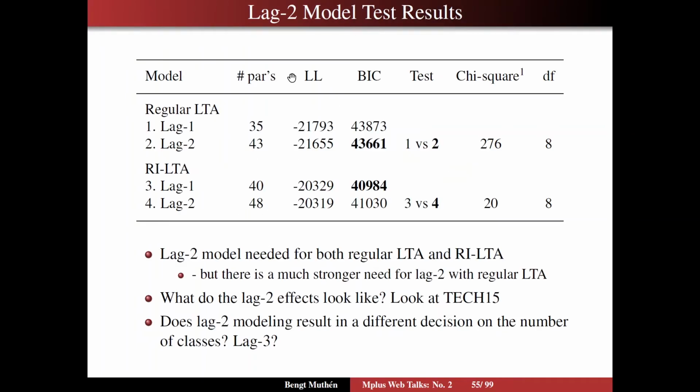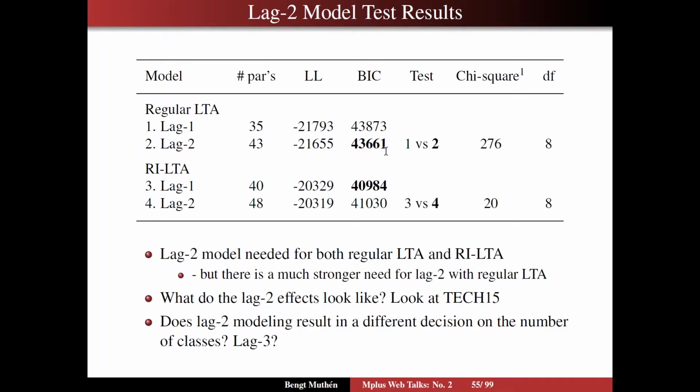So let's take a look at slide 55 where we test this out. First you have regular LTA and then RI-LTA. The lag 1 model that we have used so far is this, becoming familiar numbers now. With lag 2, we add a number of parameters for the C3 on C1 and C4 on C2. And we see that the log likelihood goes up considerably and the BIC goes down, to a large extent.